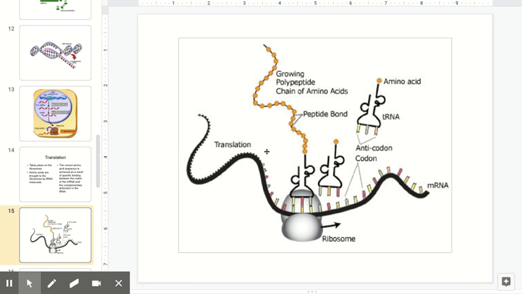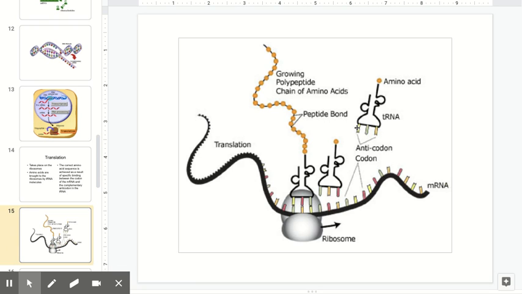So I'm skipping along to this picture because it's fine in words, but it's really nice to show a picture. So during translation, here we have our ribosome. This is mRNA. And then this thing here is our tRNA. And again, I call it a tRNA little person because this is like the head of the person, the amino acid, and then these are like little arms, and then it's like 3 little feet.